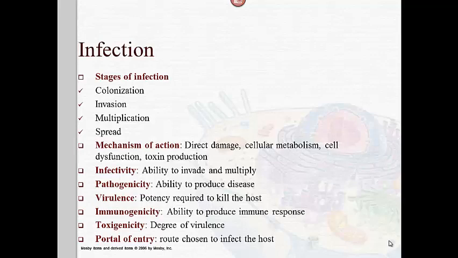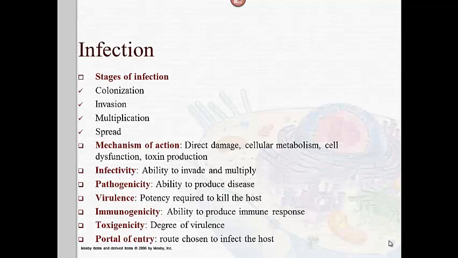In addition, you could obtain an infection from mother to child, which is called vertical transmission, either during pregnancy or through the birth canal, or human to human, which is basically called horizontal transmission. So this way of obtaining infection is called colonization.